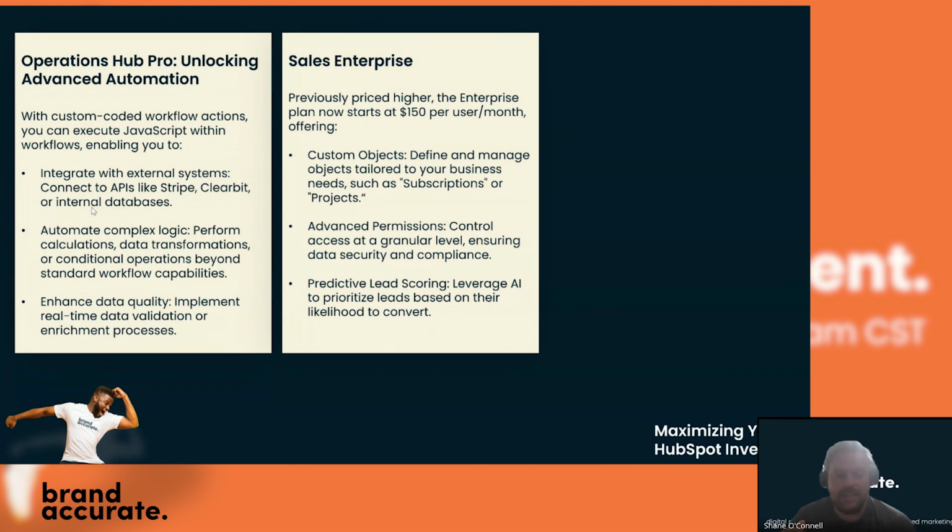Another big announcement is that the Sales Enterprise license has lowered by a significant percentage. Now it's only $150 per user per month. With this, you get the ability to create custom objects, which if you are just on Starter or Professional, you won't have access to.